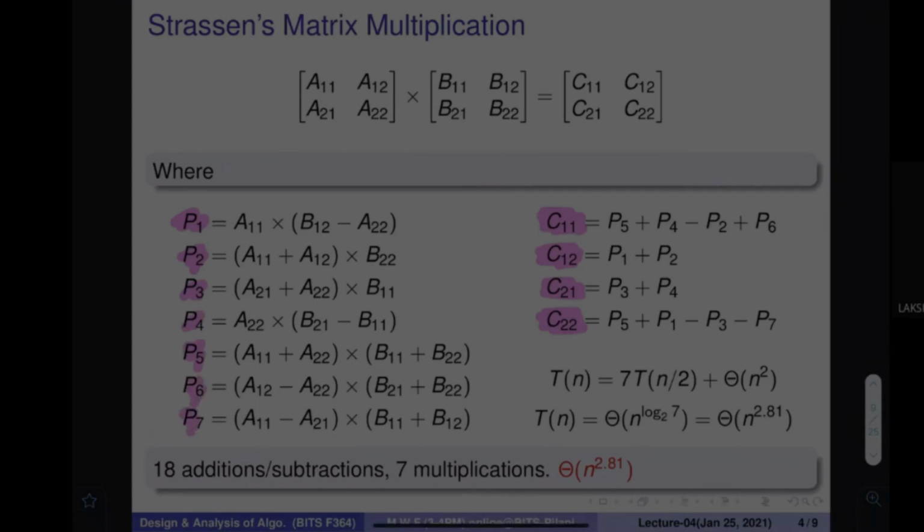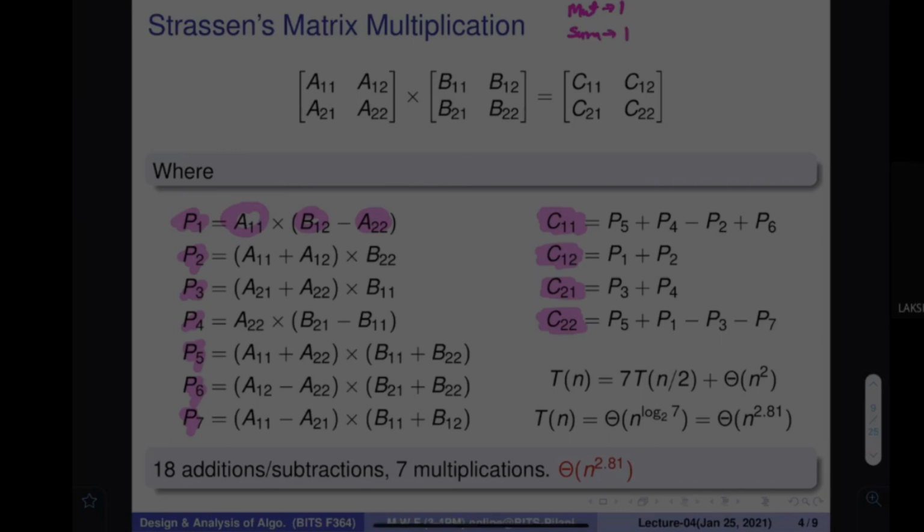And what is P1? It is A11 multiplied by (B12 minus B22). So how many multiplications are needed here? One matrix multiplication and one subtraction. So let me just write that: multiplication 1 and summation or subtraction 1.